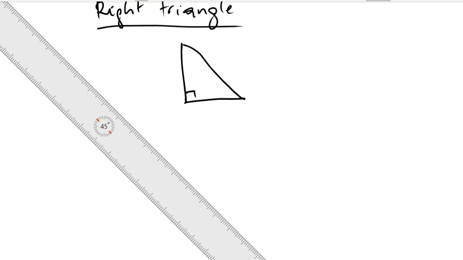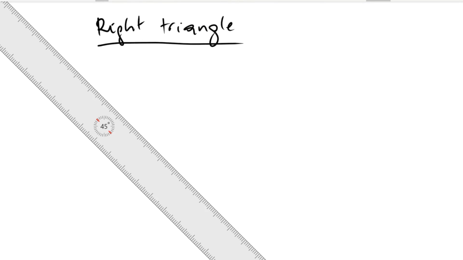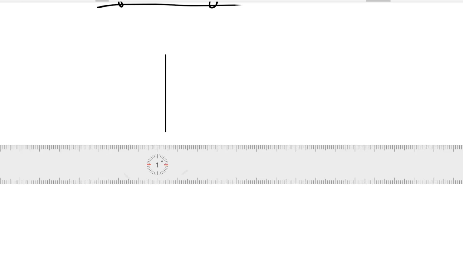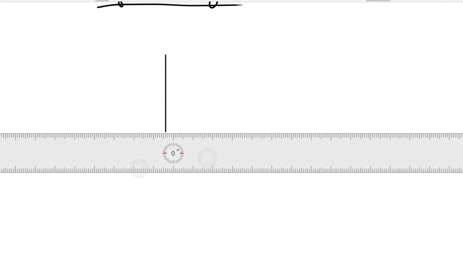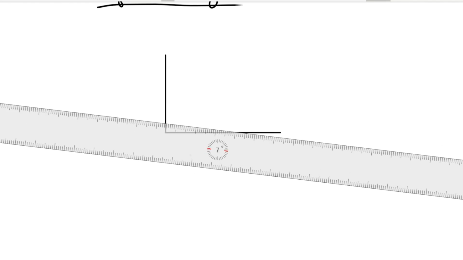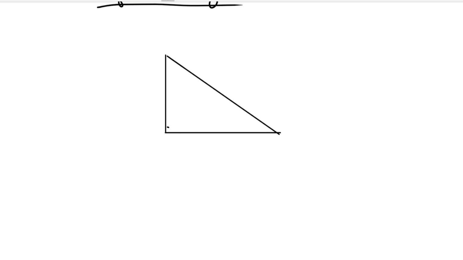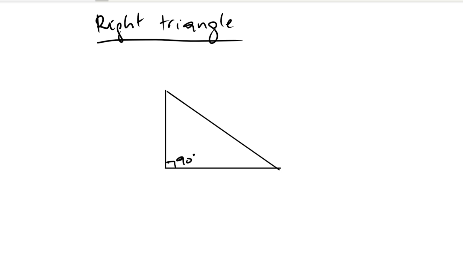This is exactly 90 degrees, see? And this could be any angle here. The only important thing is that we have a 90 degree angle here. So this is called a right triangle.